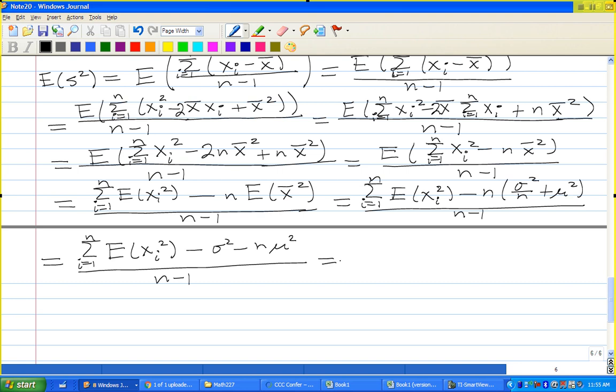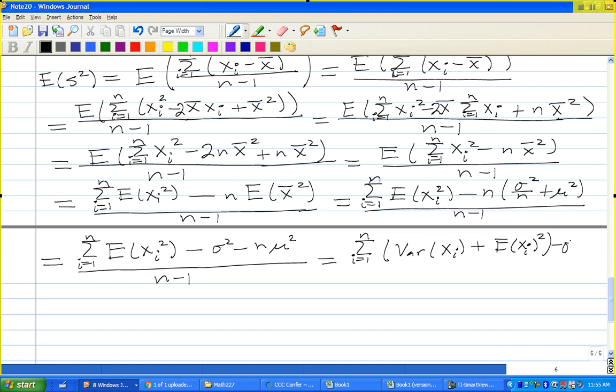But the variance is just the expected value of x squared minus the expected value of x, quantity squared. So this is just going to equal the sum of the expected value of x squared. So it's the variance of x_i plus the expected value of x_i squared.